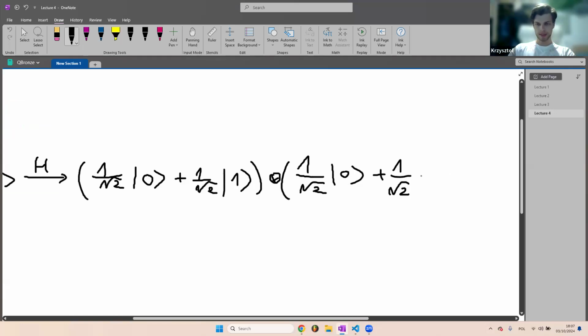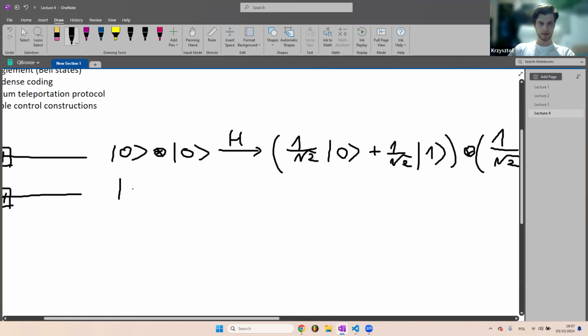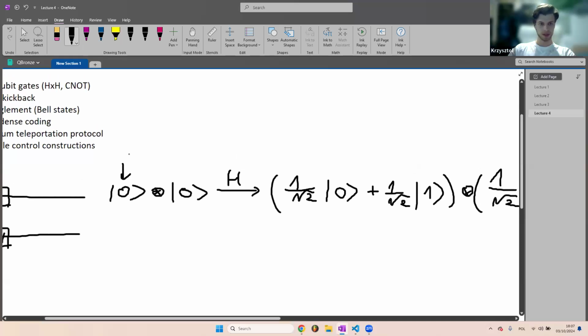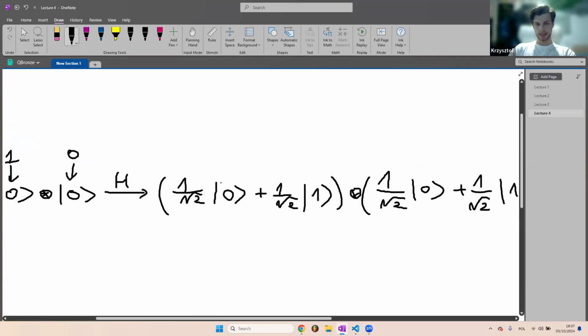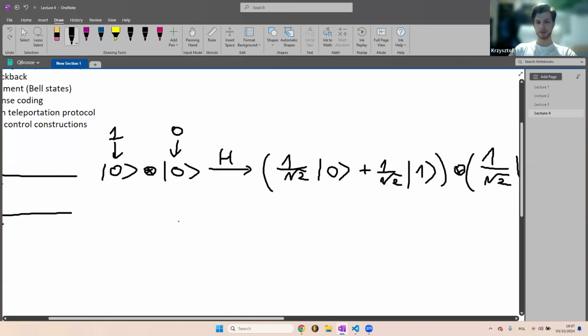Now let's try to represent this tensor product in the form of those kets with two indices. So you can think of this, for example, as the first qubit, and this as the 0th qubit. You put the zeros inside those two kets, but the order of this operation matters.